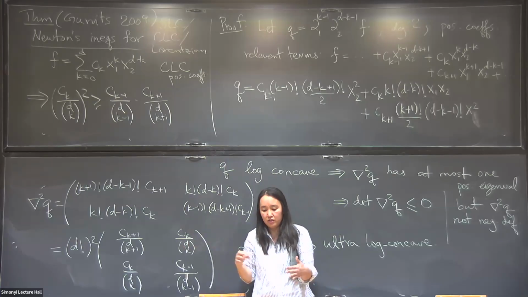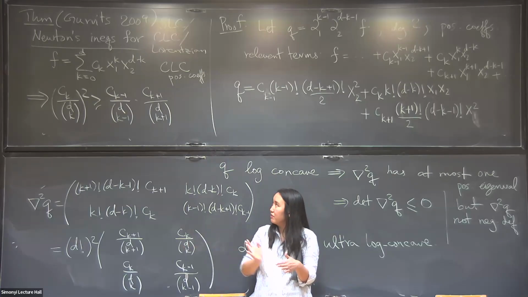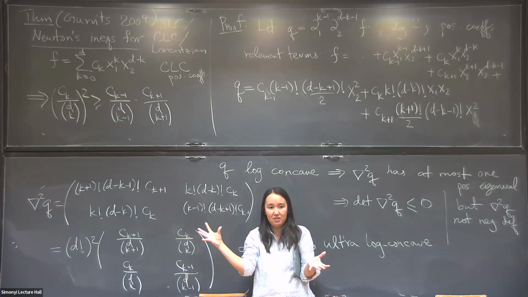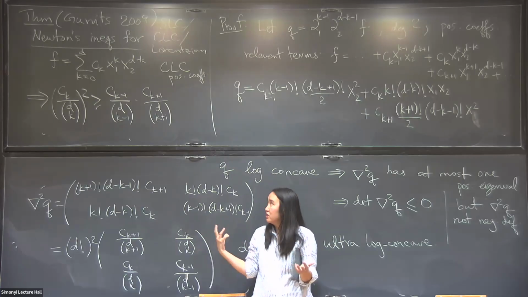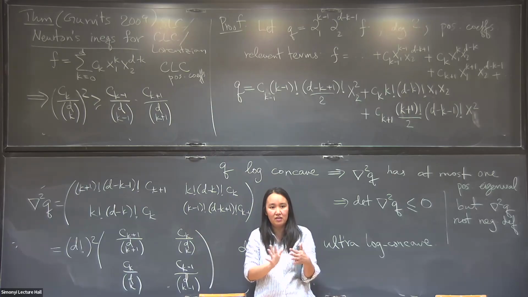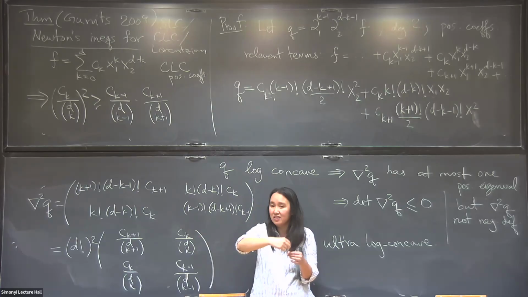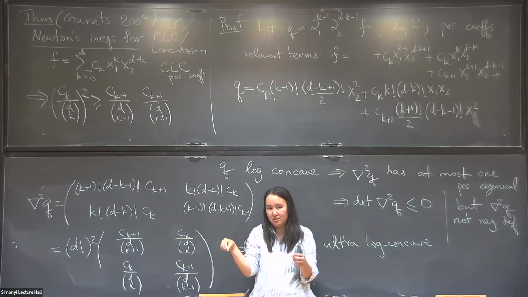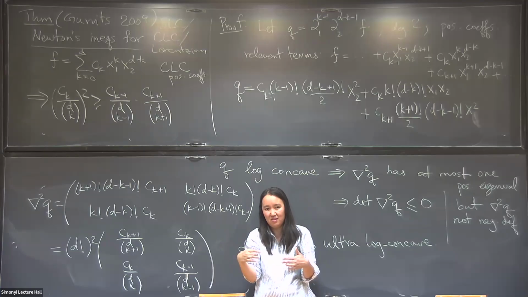But if you have many variables, you can do things like variable substitutions, or you can take derivatives, and you can look at the sequence of coefficients in some other directions as well. Is that what you're asking for?